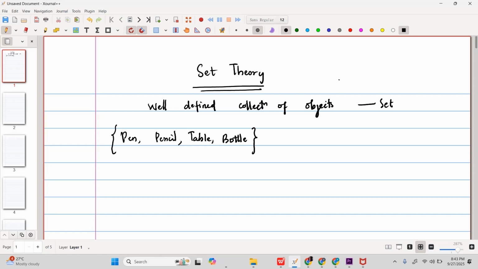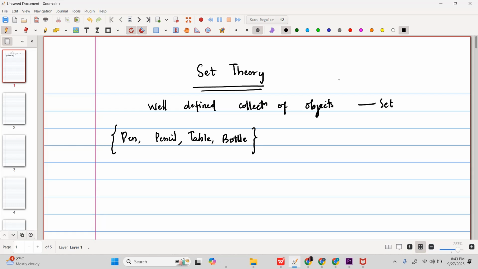So a set means we are collecting some objects and arranging them in curly brackets. It must be opened and closed by two curly brackets, and the objects must be separated using a comma. So that is a set.